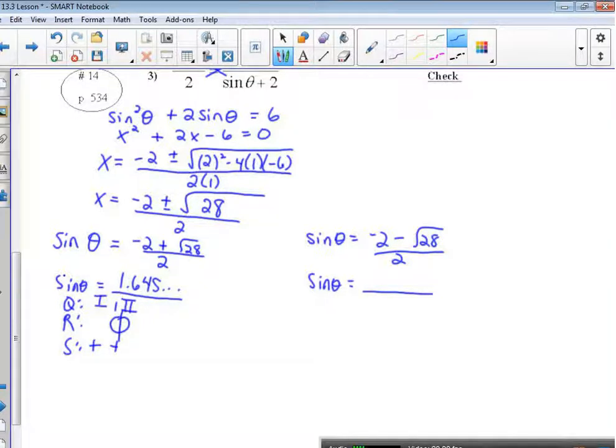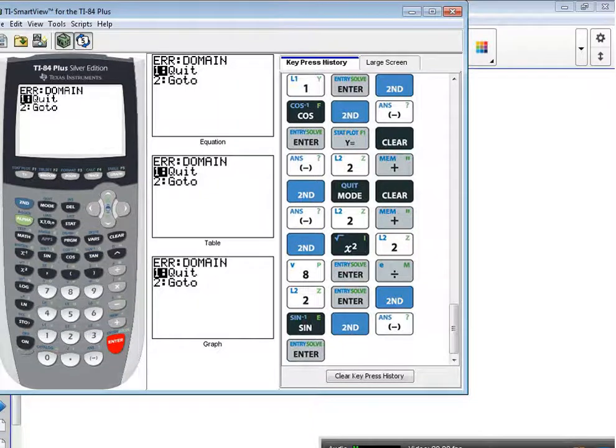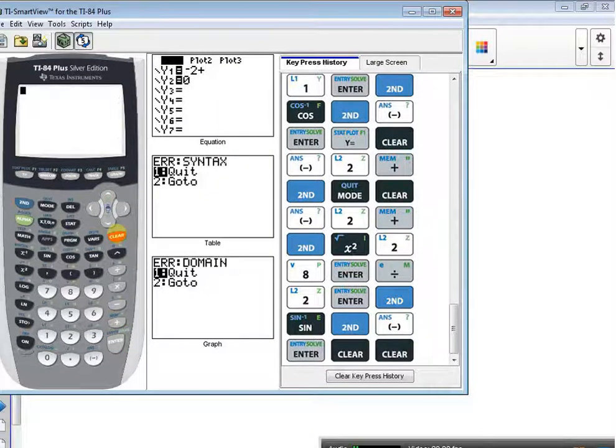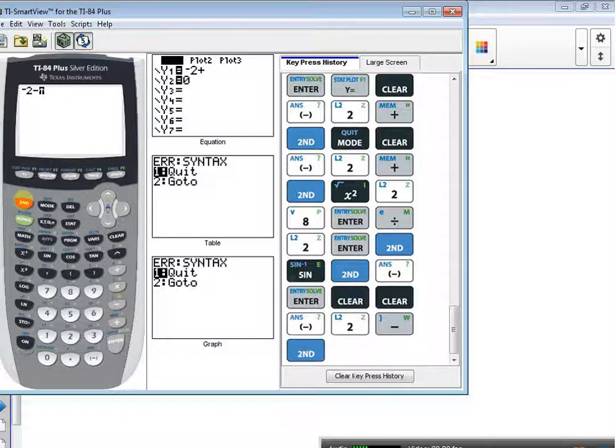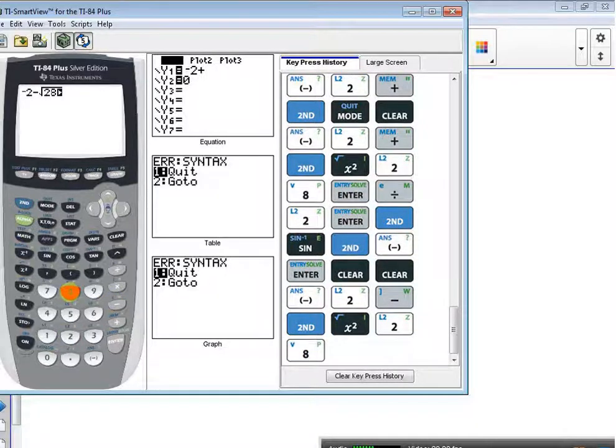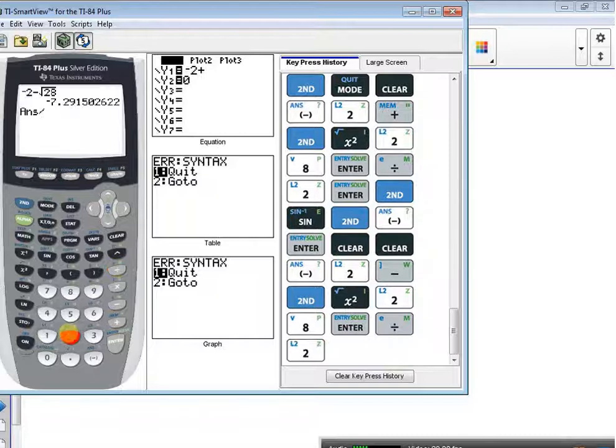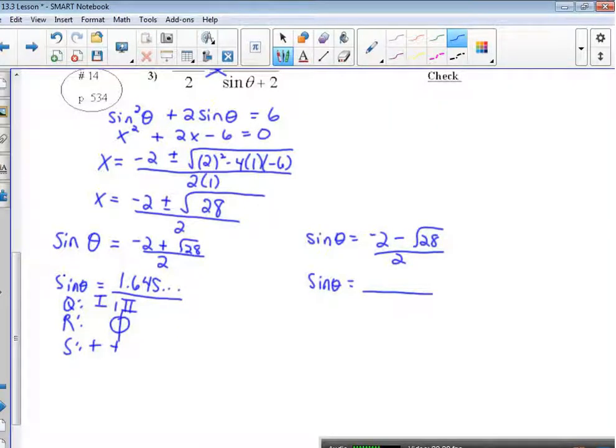So negative 2 minus the square root of 28, enter, divided by 2. So I get negative 3.645. Well, that's going to have the same exact problem. So this one's also undefined.